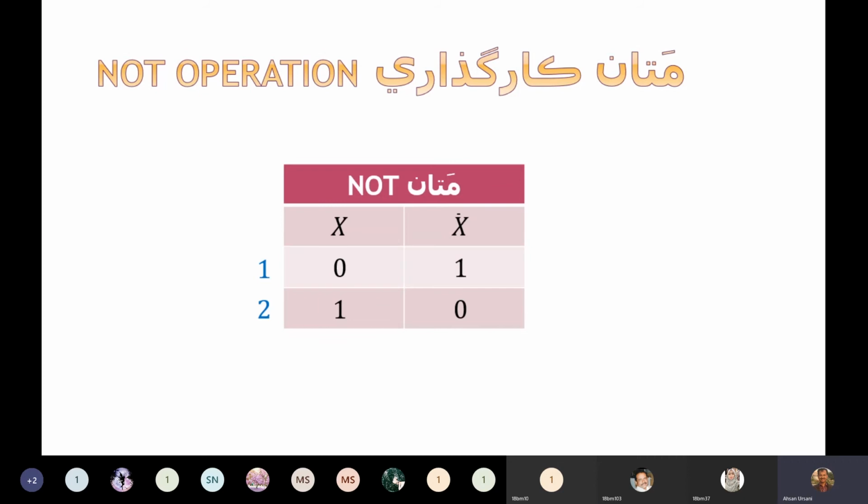If a variable is false, its NOT will be true. NOT x is also called x complement.